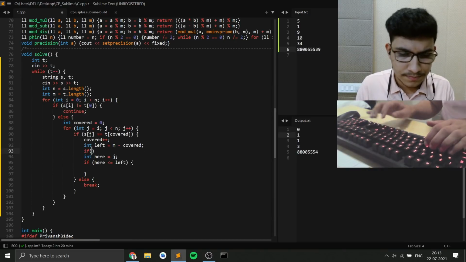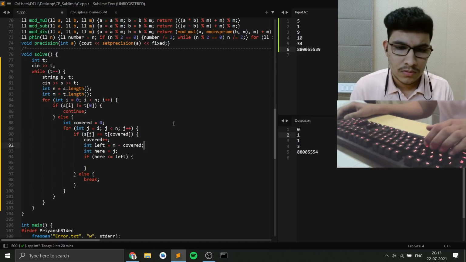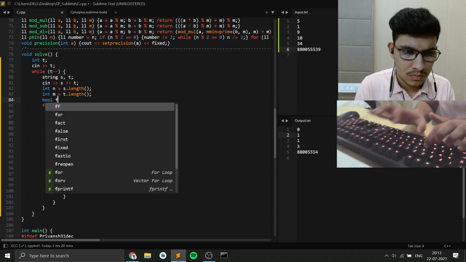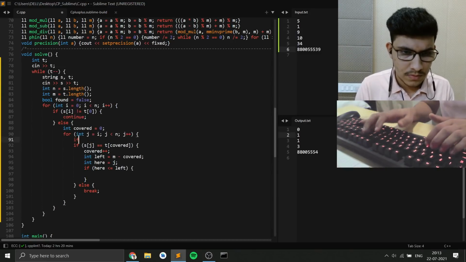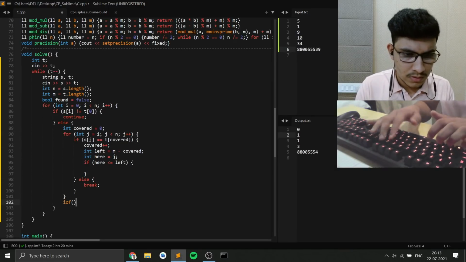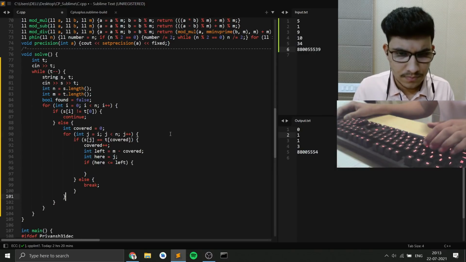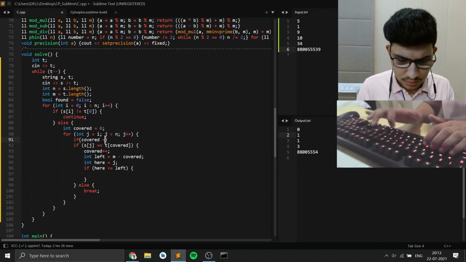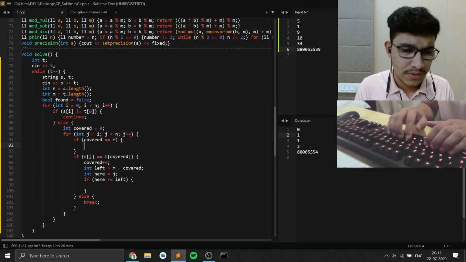Also, if covered equals m, then I basically know that I found my string.